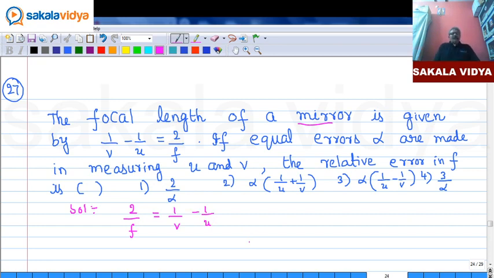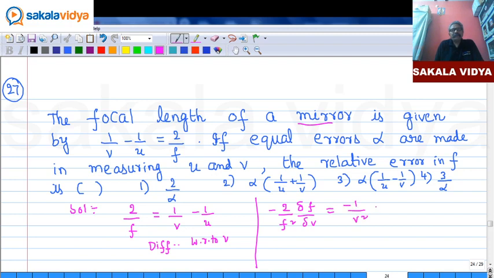Differentiate with respect to v, indirectly. 2 by f means 1 by x differentiation, minus 1 by x square: minus 2 by f square into delta f by delta v equals 1 by v differentiation minus 1 by v square, minus 1 by u differentiation plus 1 by u square, into delta u by delta v.